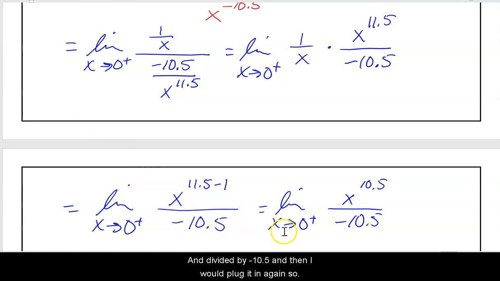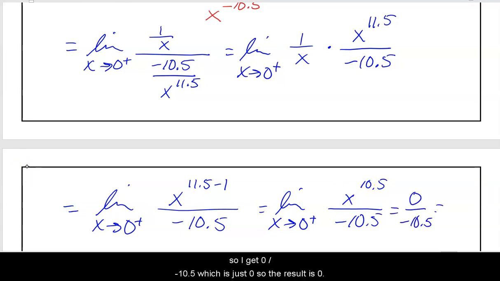And then I would plug it in again. So I'm going to plug 0 in place of x. Remember, this is the square root of x to the 21st, which is going to give me 0. So I get 0 over negative 10.5, which is just 0. So the result is 0.